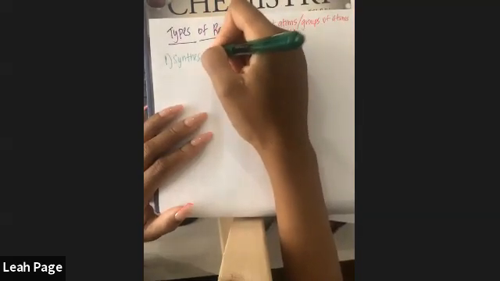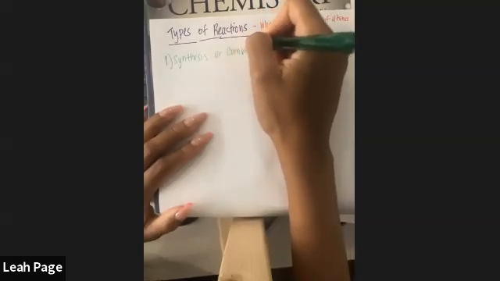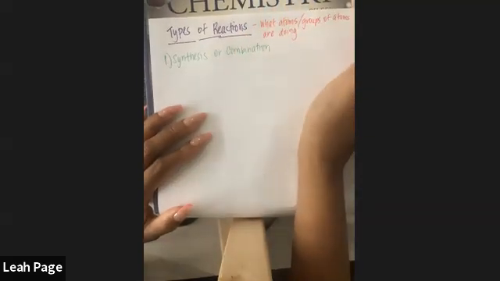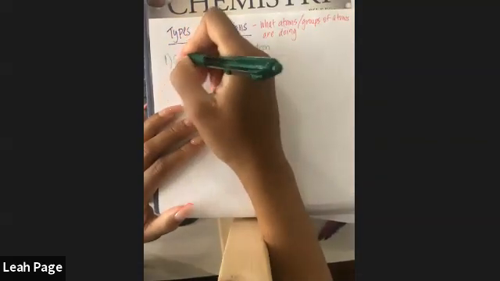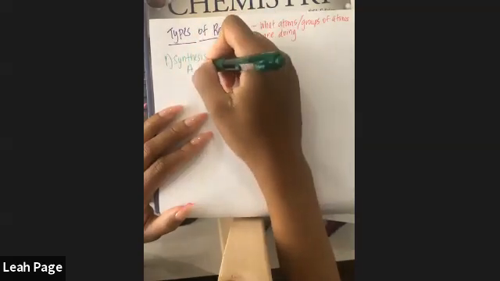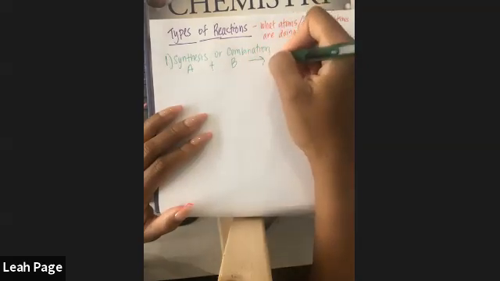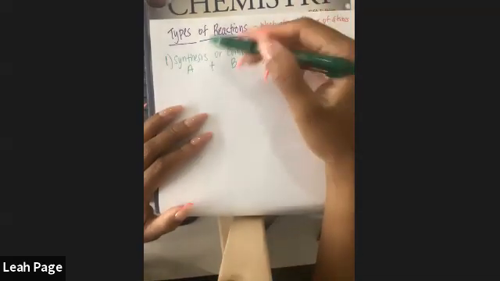We say synthesis or combination. Synthesis just means we're making something, we're synthesizing something. And a synthesis or combination reaction, the way it looks is we say we have substance A plus substance B reacts to form substance C, a whole new thing.